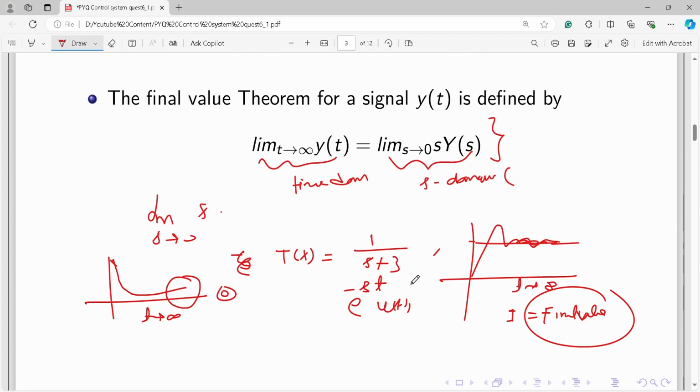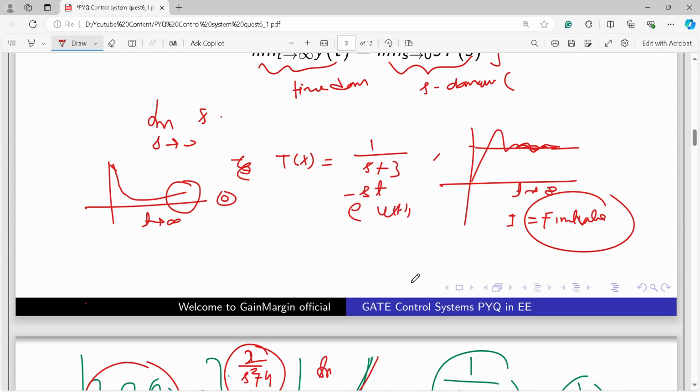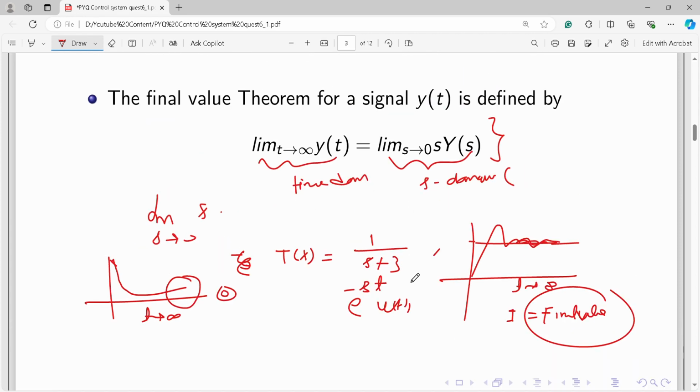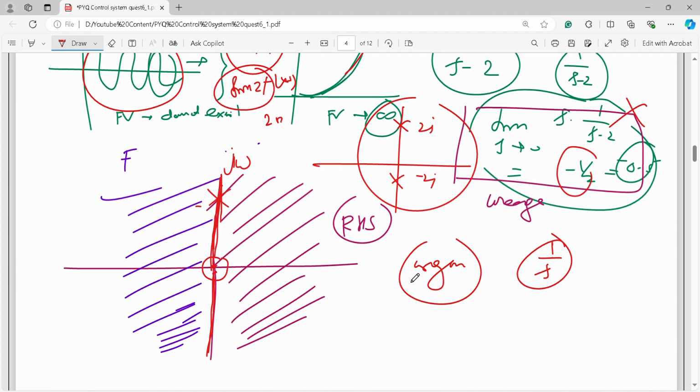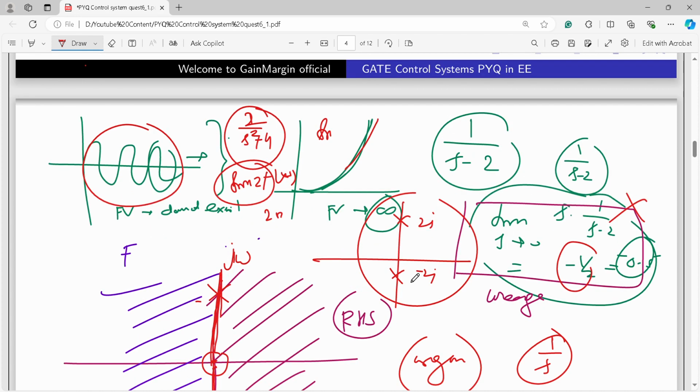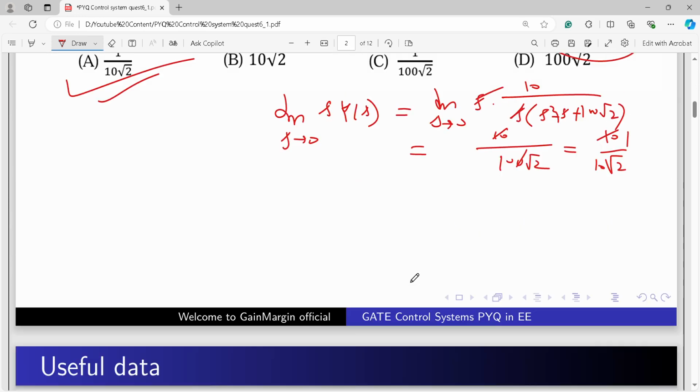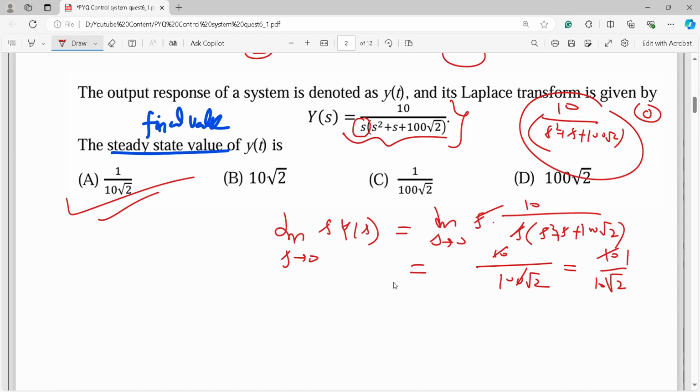Okay, so let me summarize here. The final value theorem is only applicable for a stable system. Before applying the final value theorem, we should know whether the system is stable or unstable, because if you apply it to an unstable system, you will land up with an incorrect answer. This is not good actually. Okay, so here we have done all the variations related to the final value theorem, and we also highlighted its limitation.